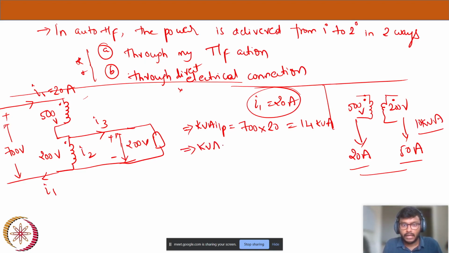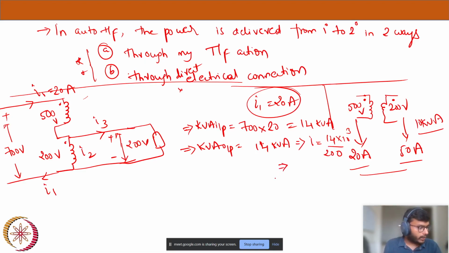Now my KVA output is also 14 kVA. I know the output voltage because I need to get 200 volts. Now I need the current. How much current will it be? I is equal to 14 kVA divided by 200.